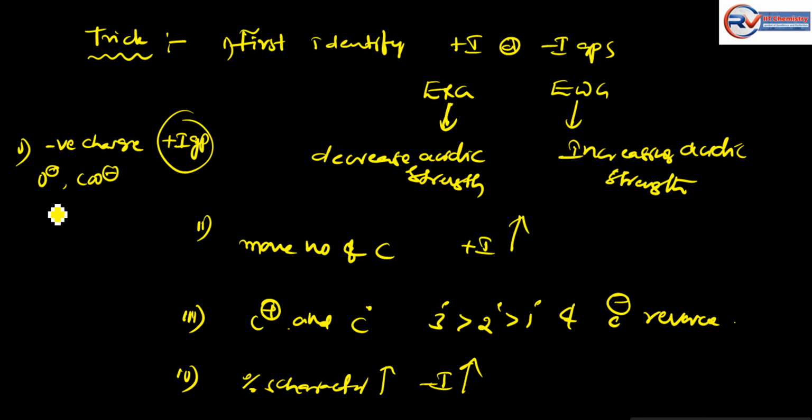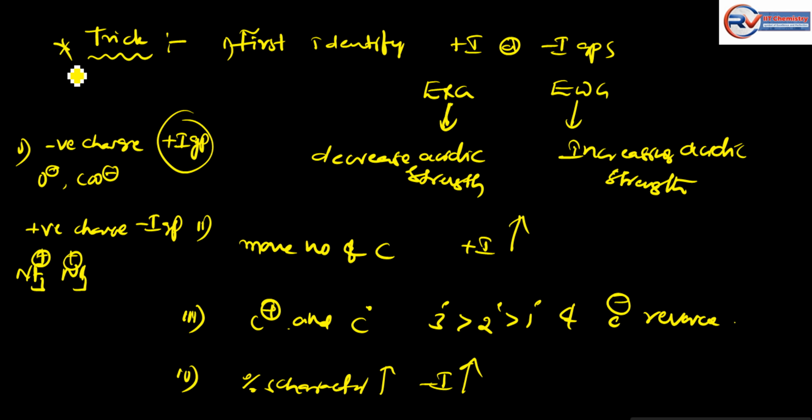If a group has a positive charge, that belongs to negative inductive effect groups. For example, NF3 plus, NH3 plus, these groups belong to negative inductive effect groups. This is a trick to identify the basic strength and acidic strength of compounds.